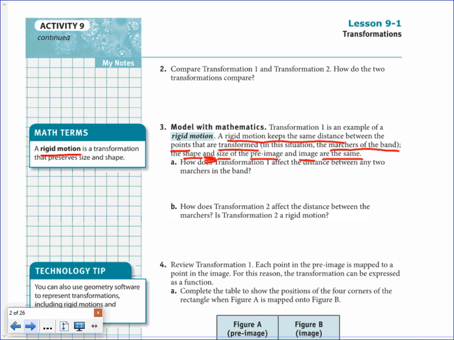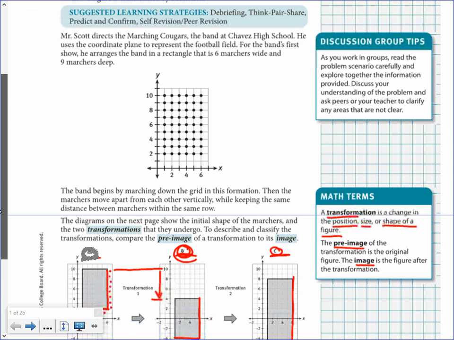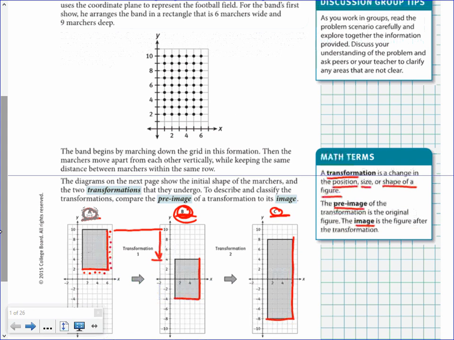Well, let's go back to the figure. They represented the marchers with little dots. So there are marchers all along here. At every point is a marcher. The whole rectangle has lots of green little dots to represent people.